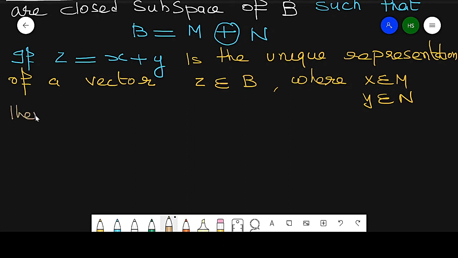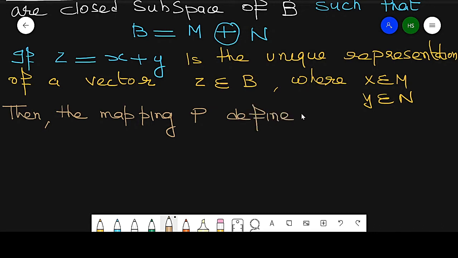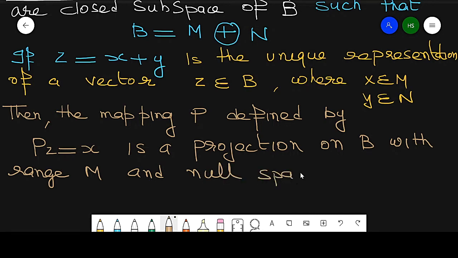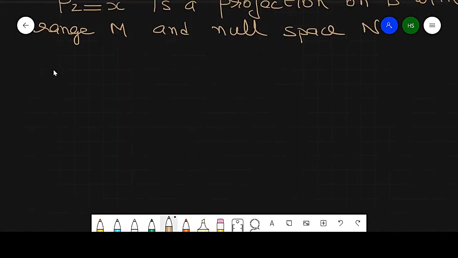Then the mapping P, defined by P of Z equal to X, its image is equal to X, is a projection on B with range M and null space N. So this is the converse of the previous theorem.